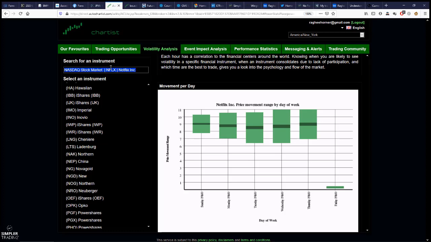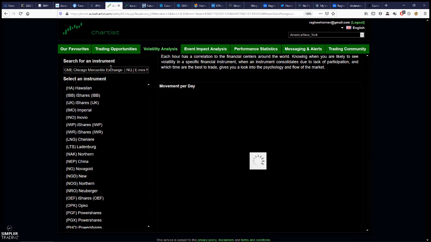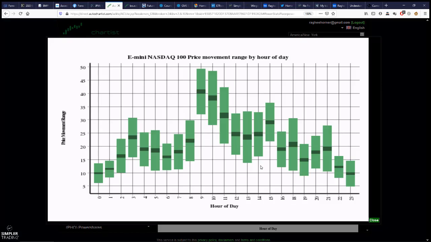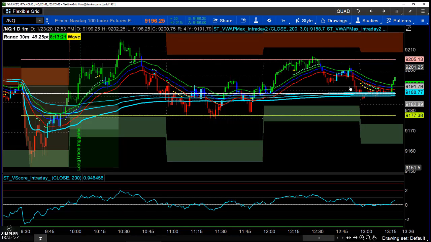If I pull up the NASDAQ on Auto Chartist and get the movement per hour, Auto Chartist created this historical, hourly, and daily specific study. It's an amazing tool, and this is what the calculations are based off of. You'll see different amounts of volatility throughout the day, which is why the hourly price movement range fluctuates throughout the day.